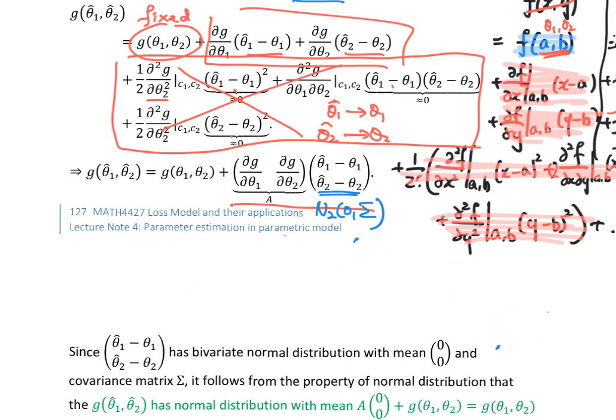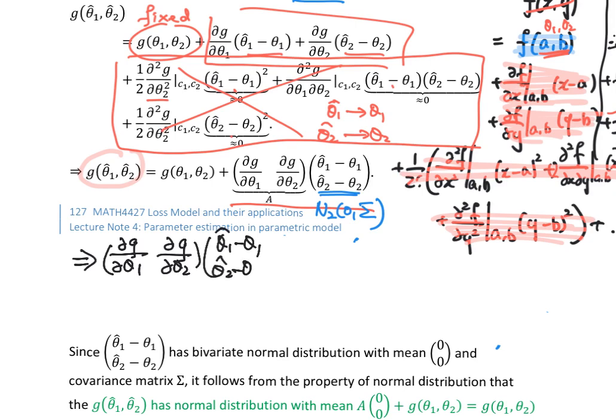Given this, you can now use the property of the multivariate normal and argue the final distribution of this estimate. First of all, because this is a multivariate normal, it implies that if you combine this term together, this one will follow the normal distribution with the mean equal to 0, and the variance will be A sigma A transpose, isn't it?